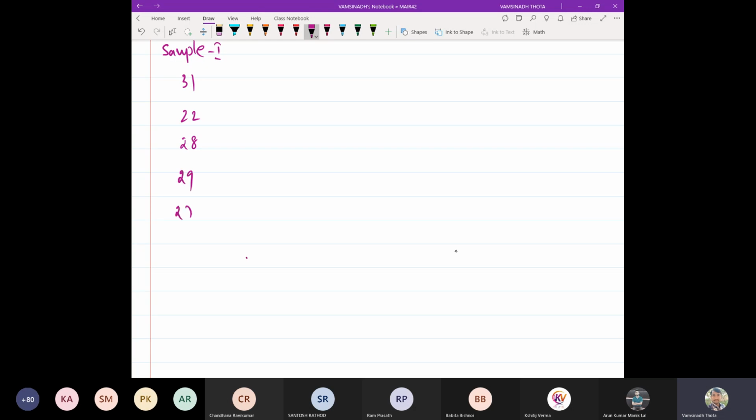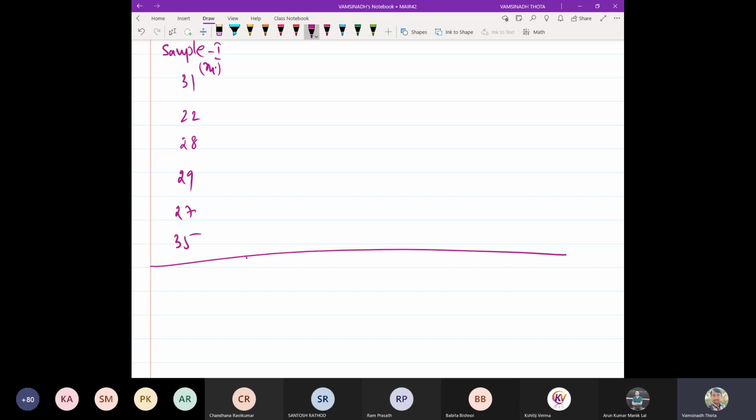These are the observations, the xi's. Now x bar can be evaluated directly: the sum of all the observations divided by the number of observations. That is not a problem. But the problem comes for the variance, for the estimation of variance.